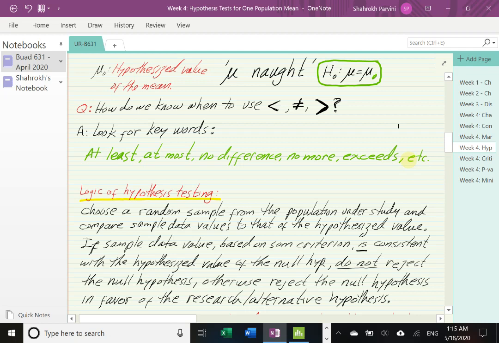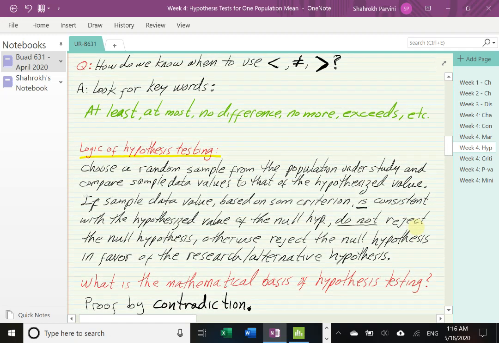The closer the two are together, the lesser the evidence we have against the null. The farther they are apart, the stronger the evidence against the null. So that's pretty much the logic of how we're going to do this. I have written that for you in one paragraph. You can read that paragraph, but pretty much what I mentioned is the logic behind it.